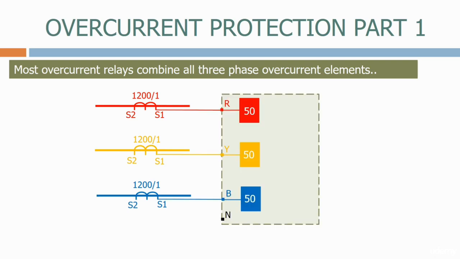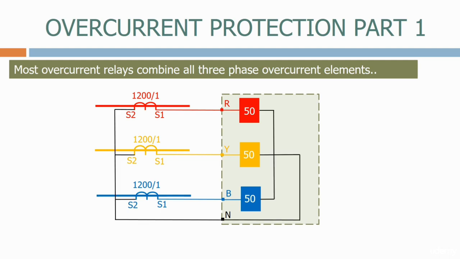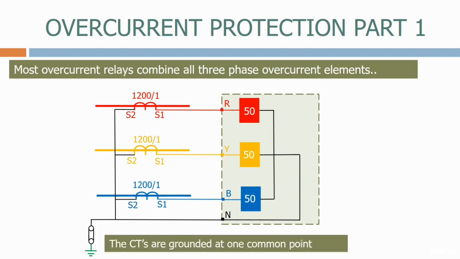The red, yellow and blue phase inputs are now fed into separate phase elements inside the overcurrent relay. The three neutral connections are now summated together and fed into the relay. The CTs are grounded at one common point via one grounding link, which is located in the relay panel.